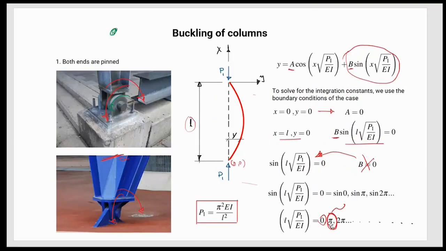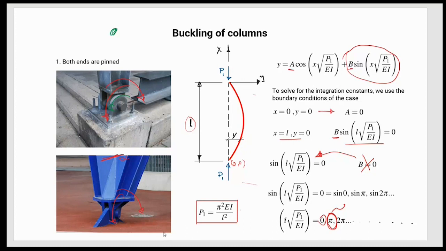And if I say that the solution is that this internal term, what is in the fraction, equals pi, and then I just solve for P1, which is the force applied to the column here, then I'm going to end up with this relationship. So this relationship comes from just equating this to pi.